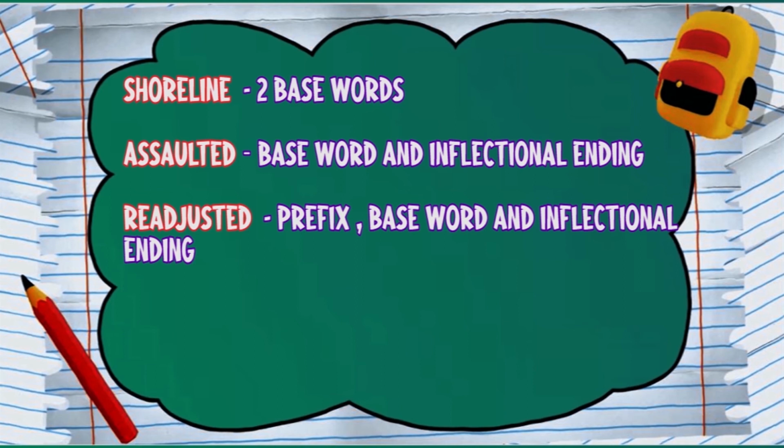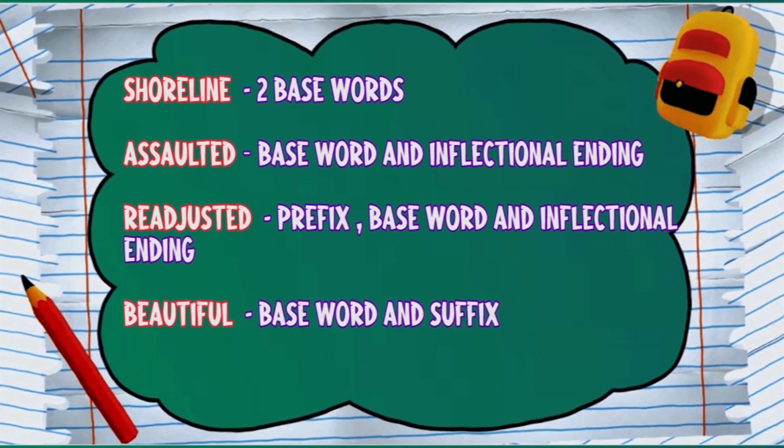Re being the prefix, which means to do over, adjust, which is the base word, and ed being the inflectional ending. Beautiful. Again, we have the base word and a suffix. Beauty being the base word and full being our suffix. Afternoon. Two base words, after and noon. Both of those can stand by themselves.